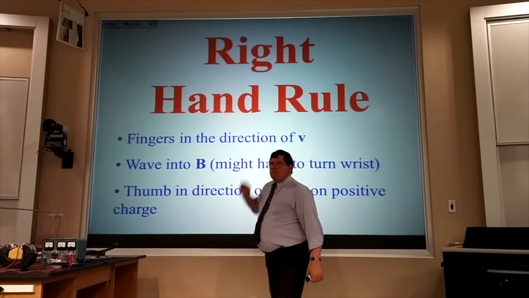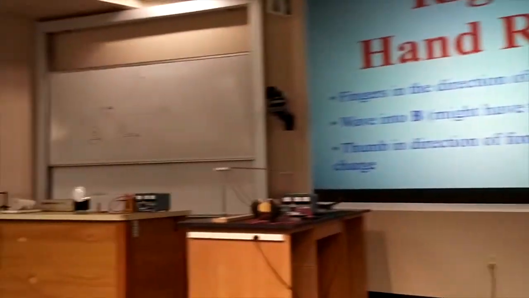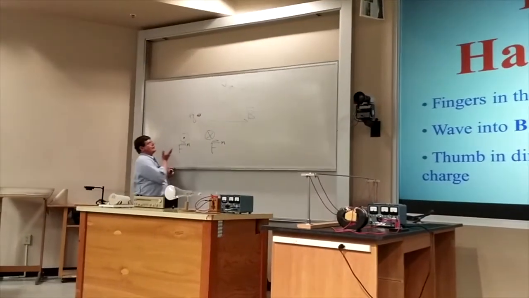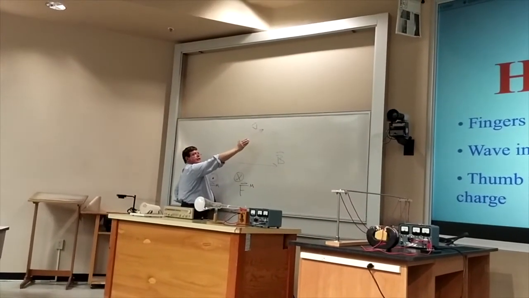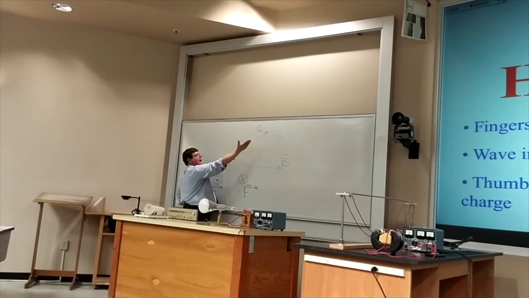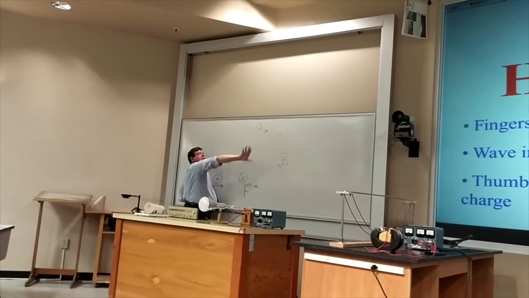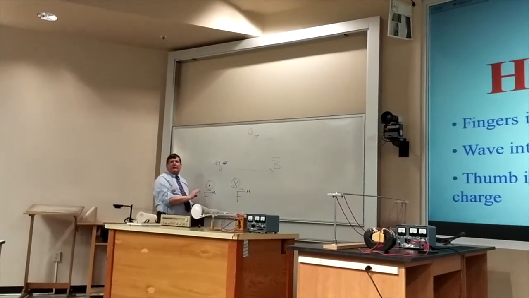Because there has to be motion, that's key, you reach in the direction of the motion. The most important step is turning your wrist so that you can wave in the direction of the B field. Now I could wave in the direction of the B field like that, and at some point you'd hear a snap where my wrist cracks.